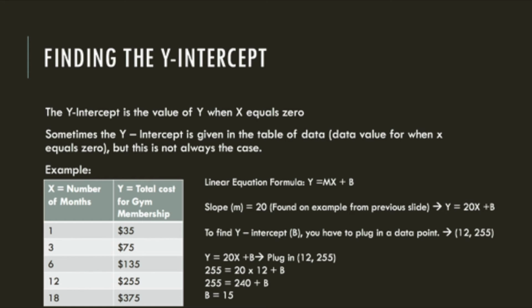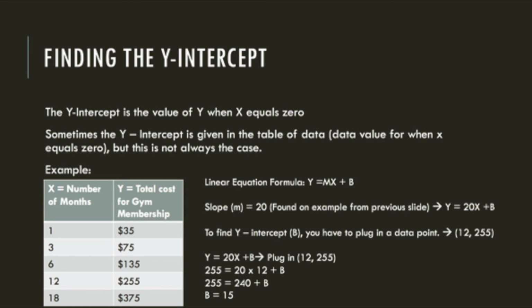Next, we are going to find the y-intercept. Sometimes the y-intercept is given in a table, but in this case it is not given. So to find the y-intercept, I plug the slope and another data point into the linear equation. After plugging in the slope, I got y equals 20x plus b.